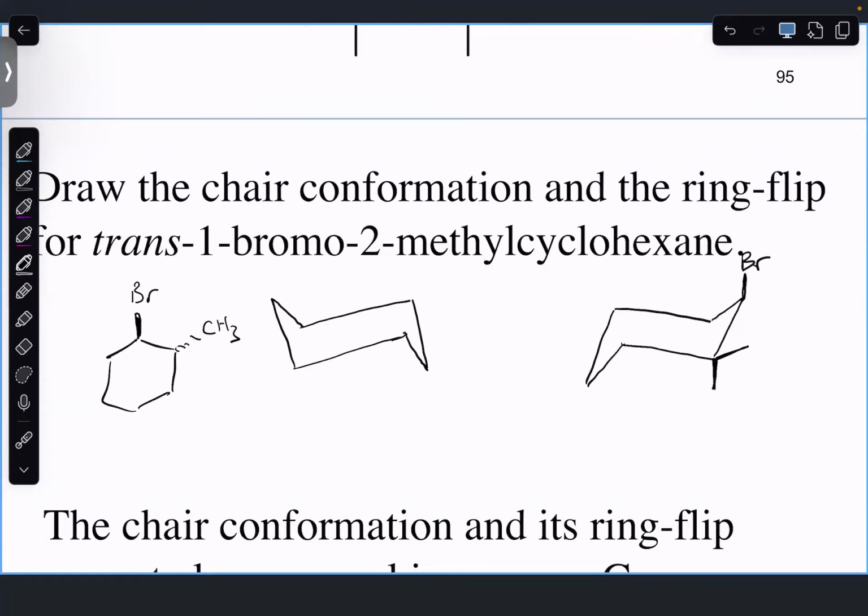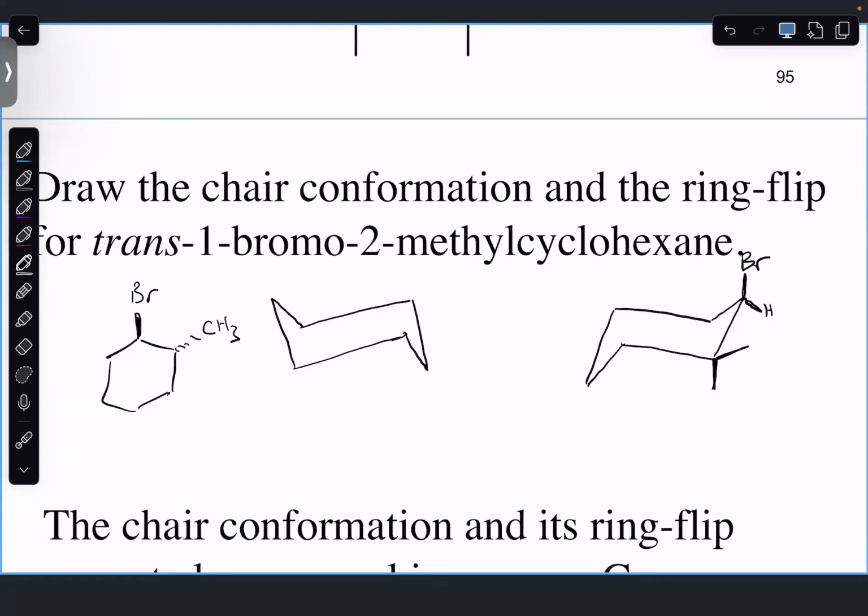Go ahead and draw in the other. It's an H. Where do you want to put the methyl? You want to put it up, equatorial up, or do you want to put it axial down? Down. Yeah, it has to go down because bromine and the methyl are trans to each other, meaning one is up and one is down.